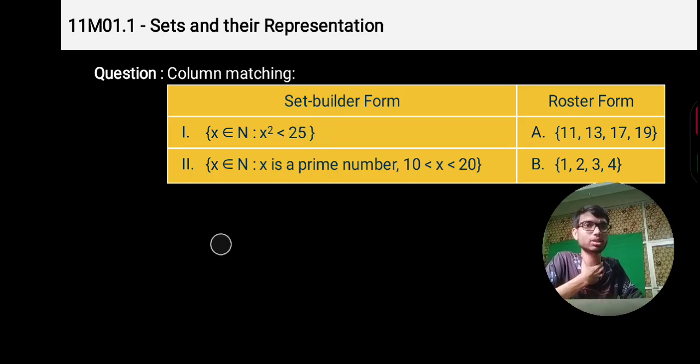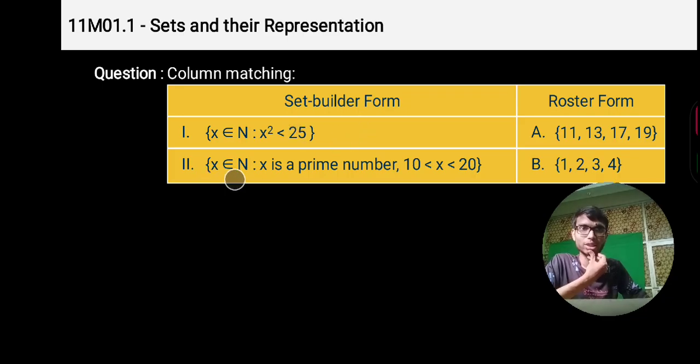Natural numbers are 1, 2, 3, 4. Suppose 4 fours are 16 and 5 fives are 25, but here we need less than 25, so up to 4. 4 fours are just 16. So this is for this.